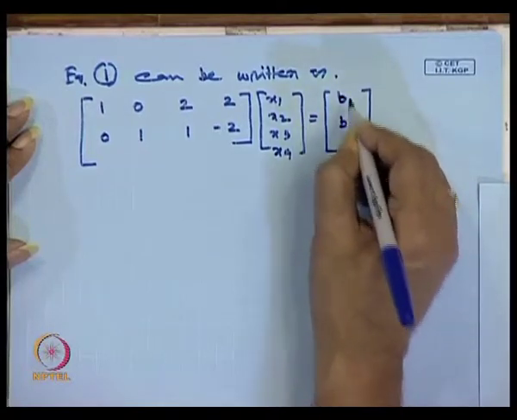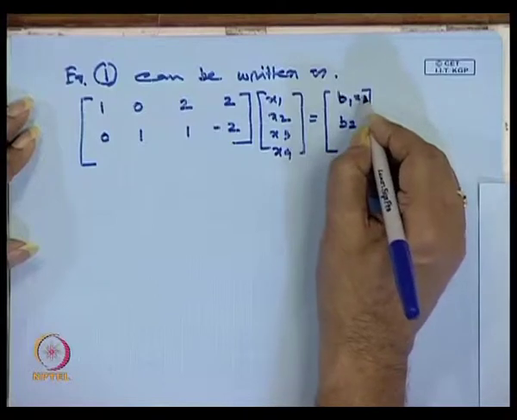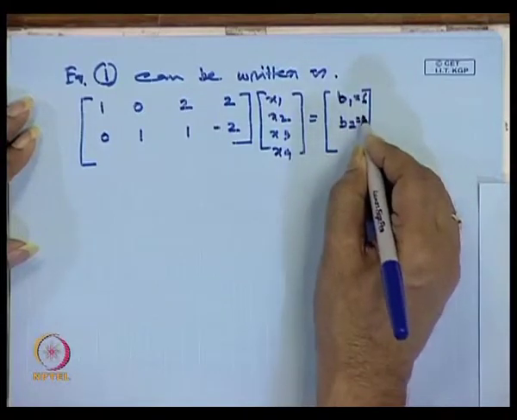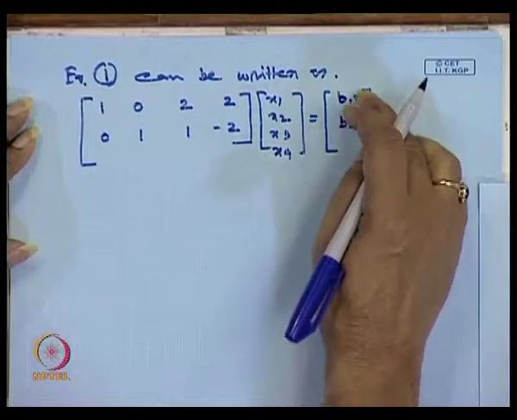And what are B1 and B2? In our case B1 is 6 and B2 is 3.